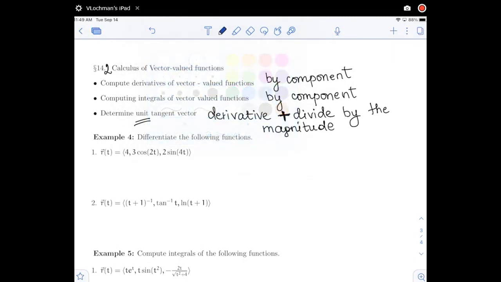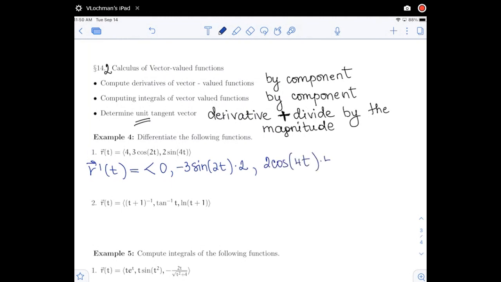Differentiate the following functions. So let's do r prime of t by component. 4 prime, that's 0. Then here I have 3 cosine of 2t, so I'm going to apply chain rule. Get negative 3 sine of 2t times the derivative of the inside function, that's 2. And then same idea here, this is 2 cosine of 4t times 4.